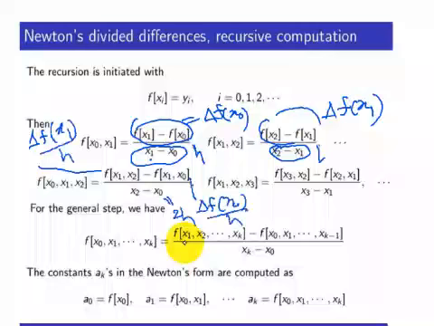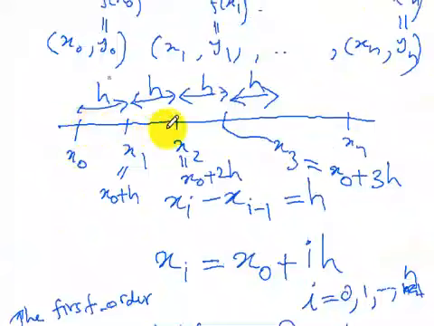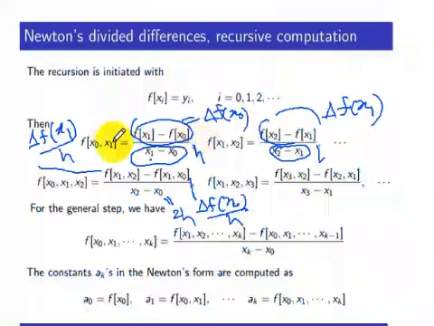The distance between x0 and x2 would be 2h, right? That's why 2h. Let's simplify this.